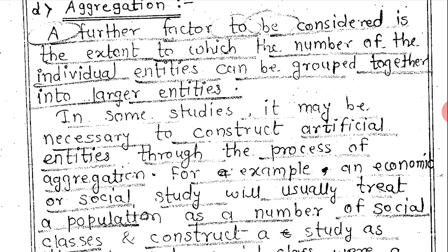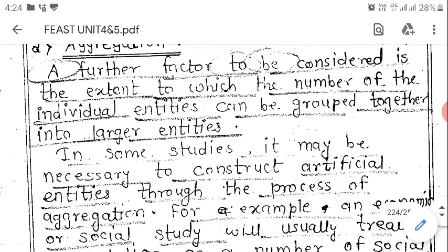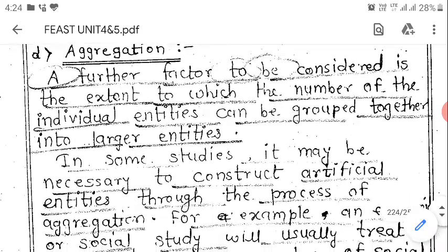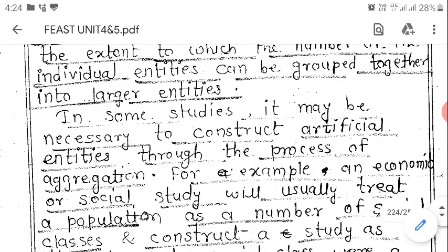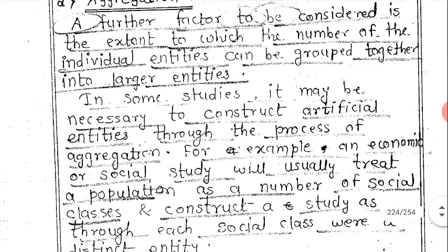If we have a large number of entities, it is very difficult to consider every entity at every time, with its characteristics, that is its attributes and its activity. Then we go for grouping such similar entities. That is the aggregation of entities, to make the system simple.